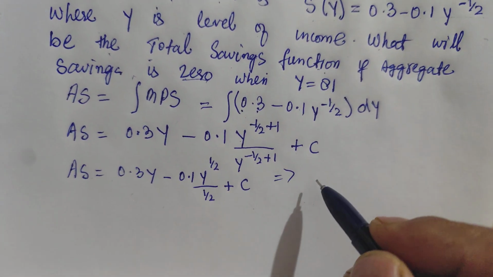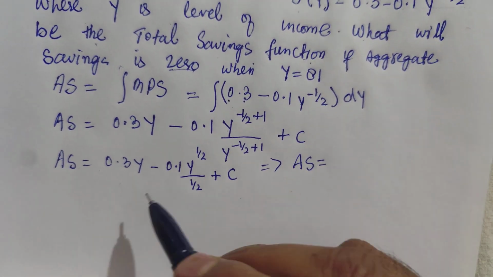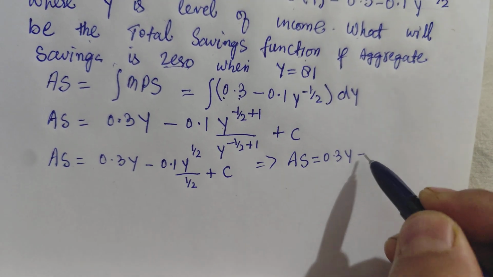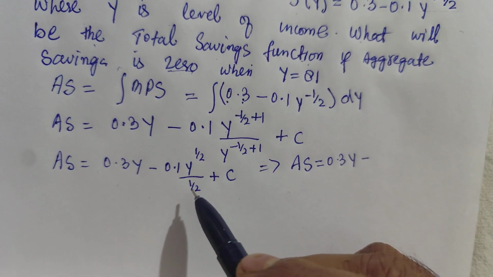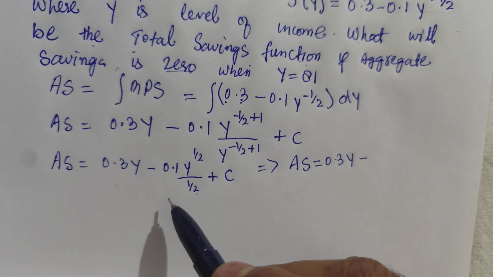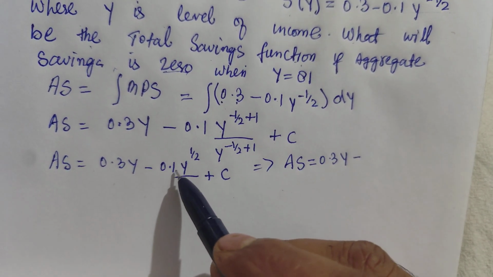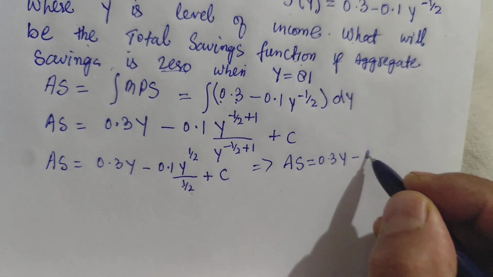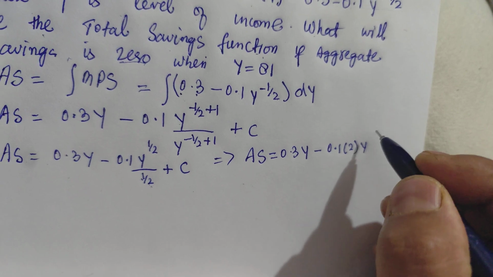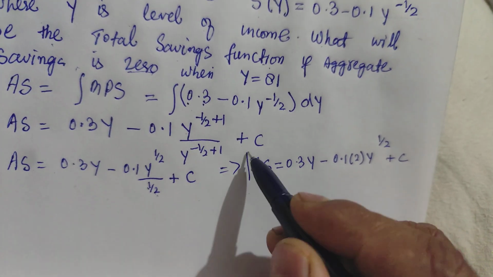So our aggregate savings function will be 0.3y minus, transposing the 1/2 to the numerator, 0.1 times 2, so we get 0.2 y^(1/2) plus the constant of integration.